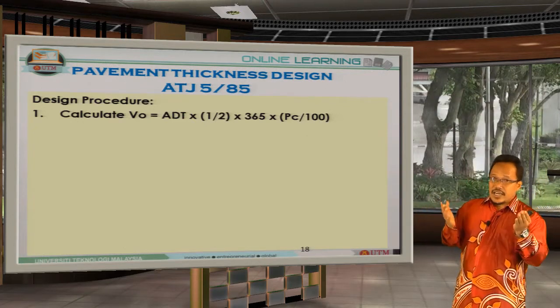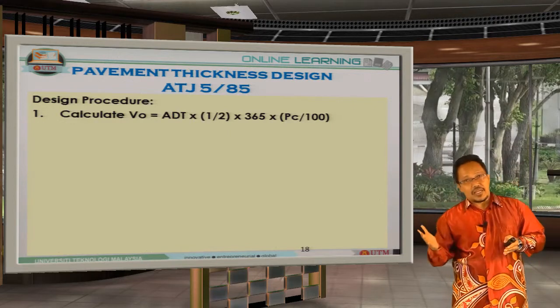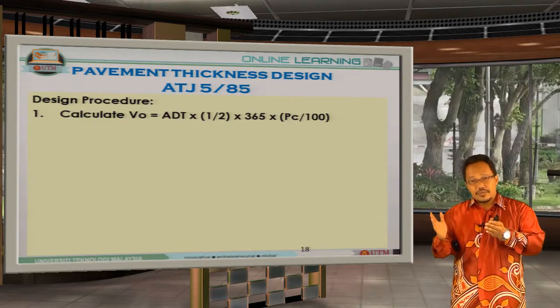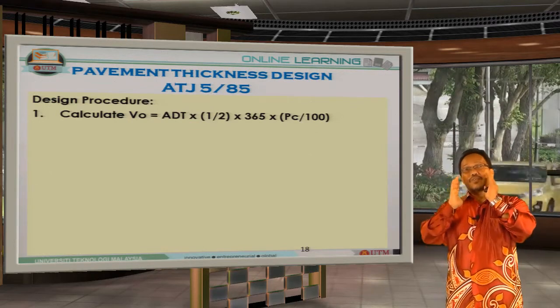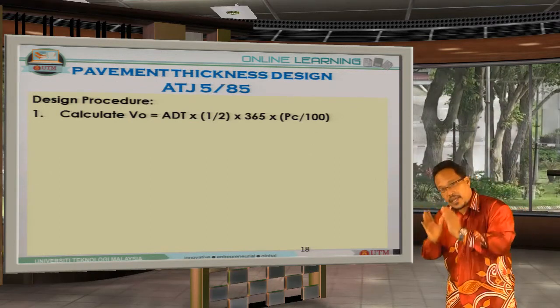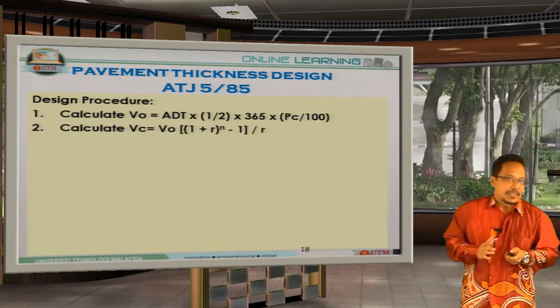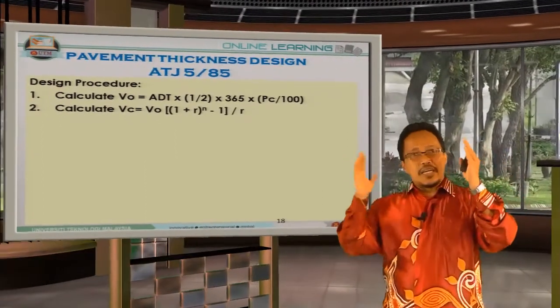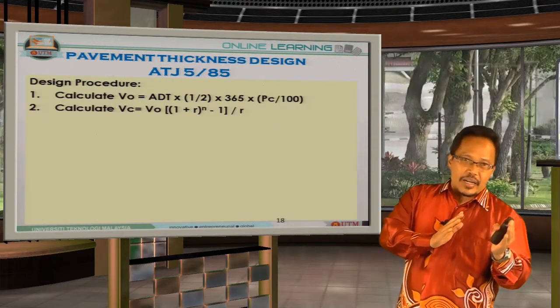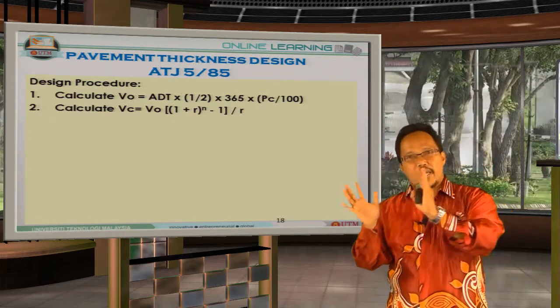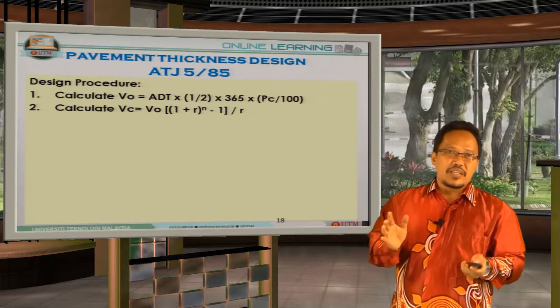It is daily, so you need to multiply by 365 to get the yearly, and you only need commercial vehicles, so multiply by the percentage of commercial vehicles. Then calculate the cumulative commercial vehicles: the V0 you get, multiplied by the growth rate and so on. Then you get your cumulative.